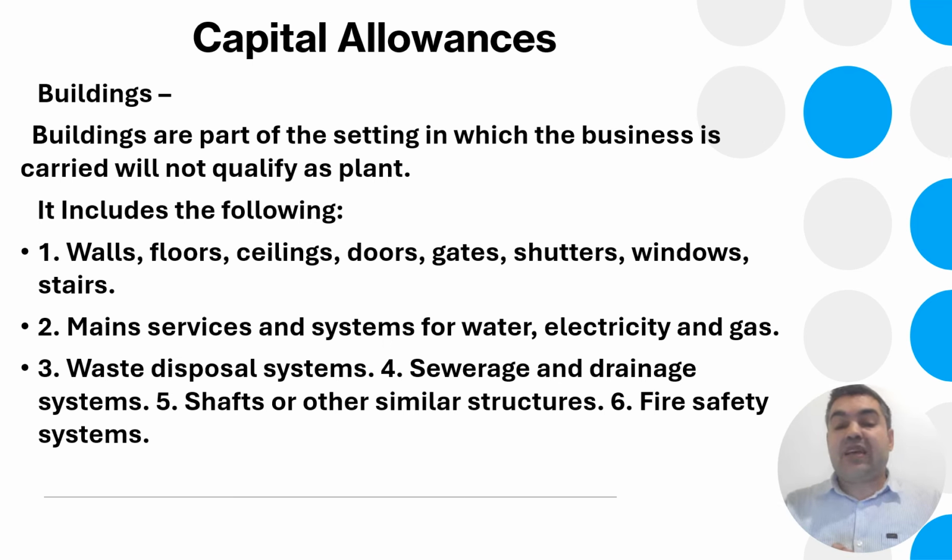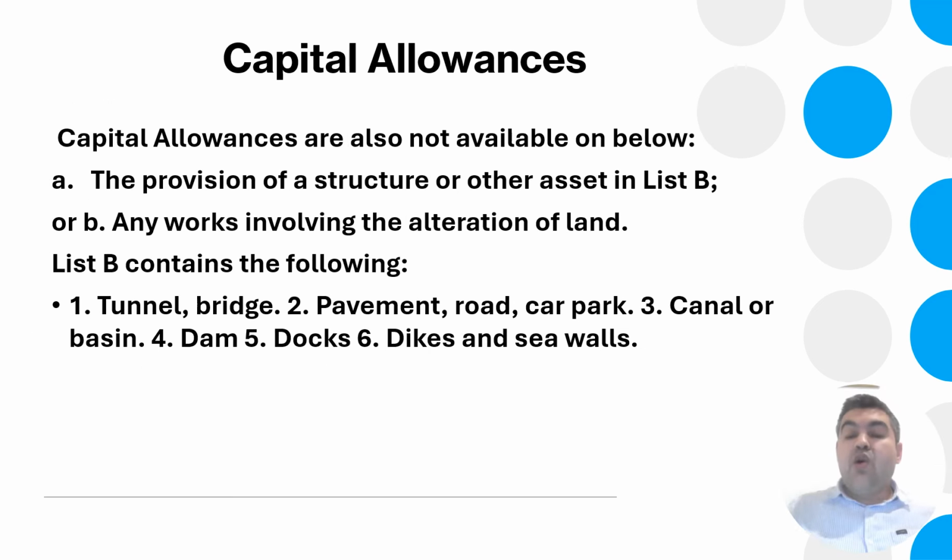Main services and systems of water, electricity and gas cannot be considered as plant, and you cannot claim capital allowances. Water disposal systems, sewerage and drainage systems, shafts or other similar structures, fire safety systems, you cannot claim capital allowances. Also remember the provision of a structure or other asset in list B, or any works involving the alteration of land.